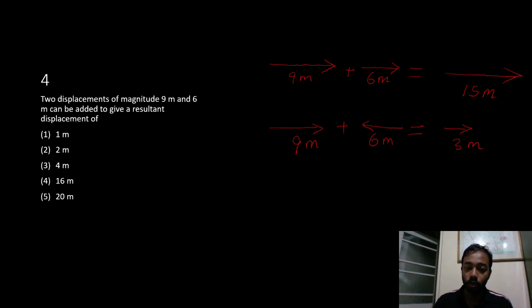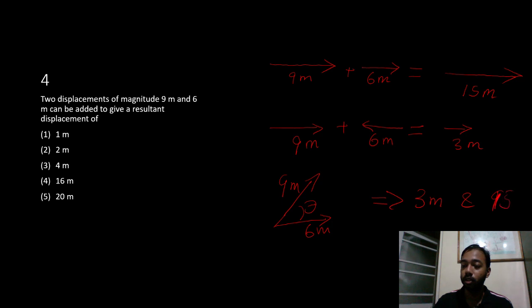If you consider that these two vectors are at an angle theta like this, and you add these two together, the value should lie between this 3 meters and 15 meters.